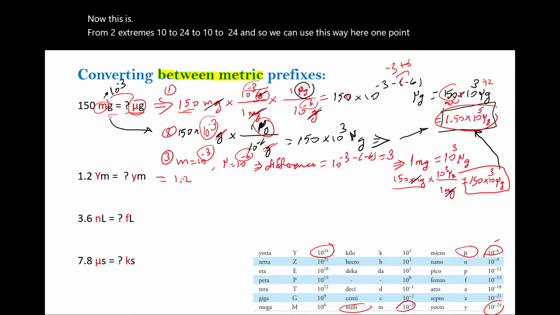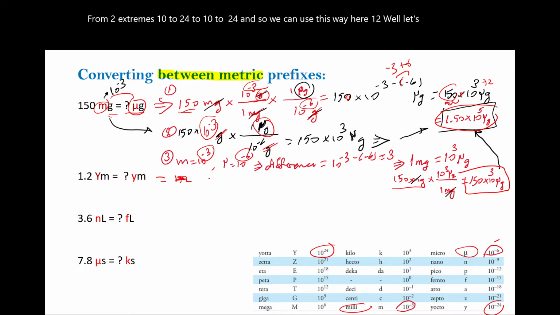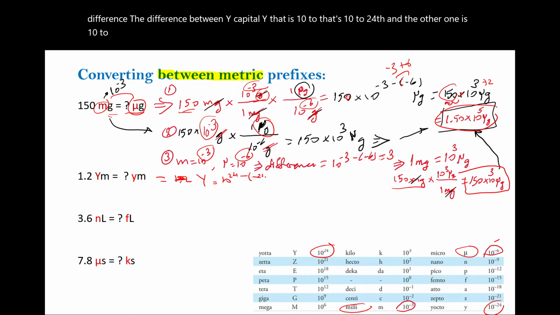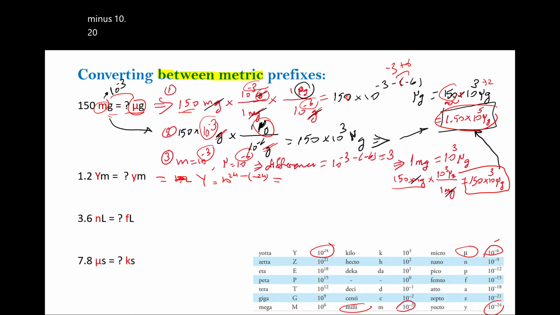Let's find the difference between capital Y, that is 10 to 24, and the other one, 10 to negative 24. The total difference between those two extremes is 10 to 48.